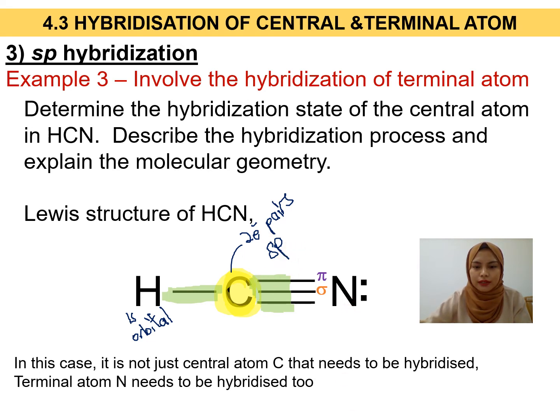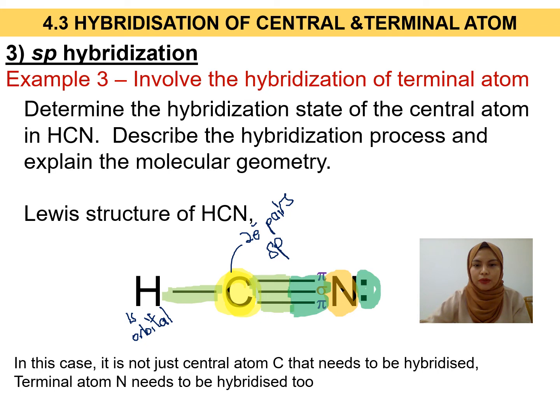How about this nitrogen? Okay, this nitrogen pula, I'm gonna highlight this nitrogen. Okay, this nitrogen is a terminal atom, tetapi dia ada satu lone pair, okay, di sebelah kanan dia, and juga satu bonding pair di sebelah kiri. So how many electron pairs for this nitrogen atom? So this nitrogen atom will have 1, 2.